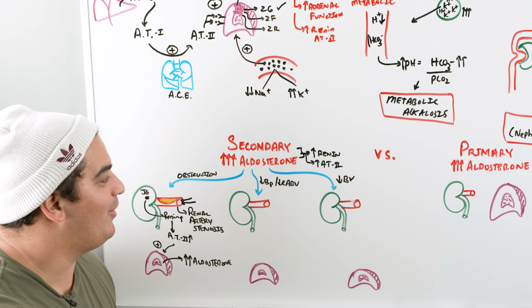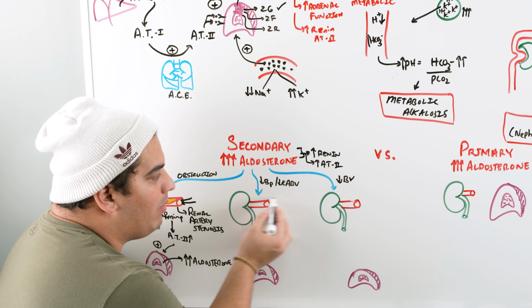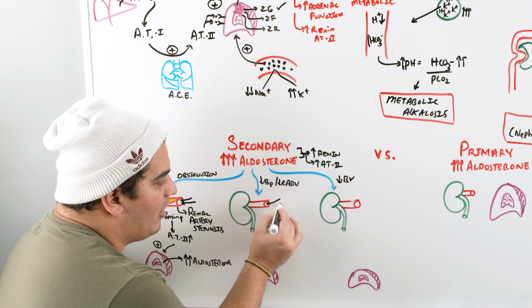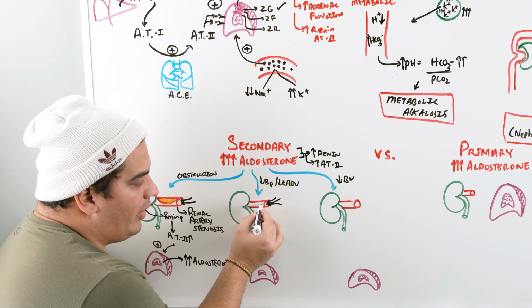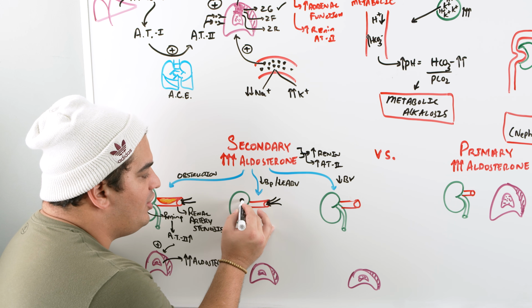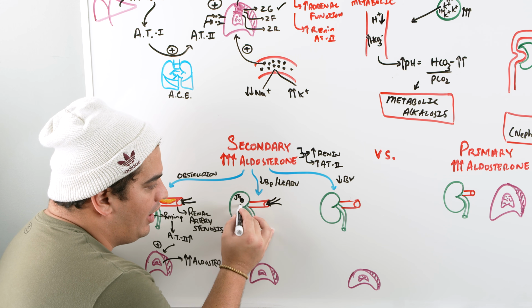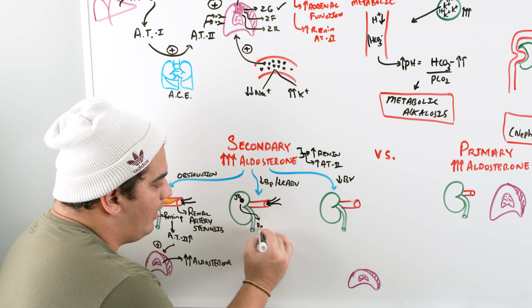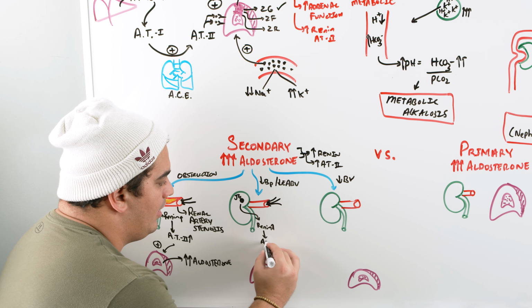That's very, very important. Okay, for the next thing, what if it's a low blood pressure or low effective arterial volume? In other words, I'm just not perfusing this renal artery properly, and so the JG cells are sensing that there's not an adequate cardiac output or blood pressure, and they're pumping out renin. And that is again increasing angiotensin 2.